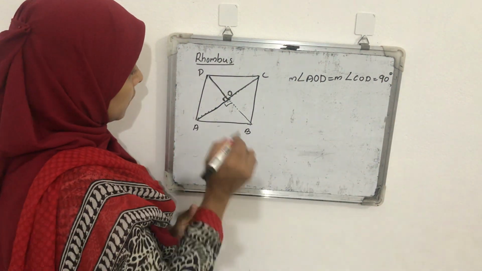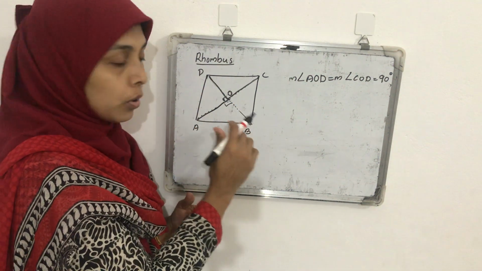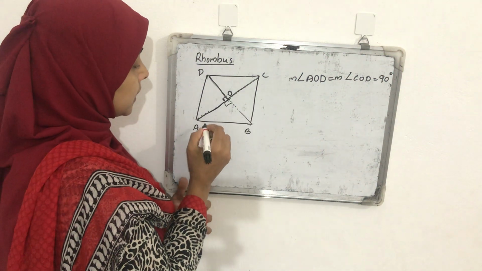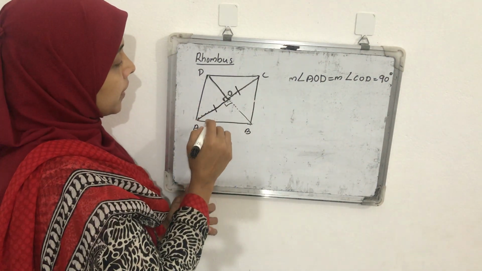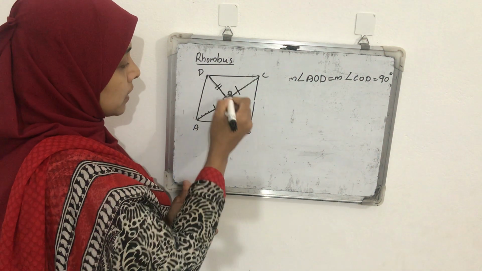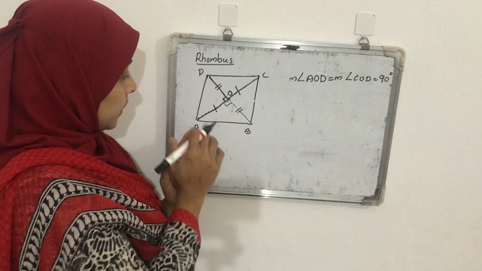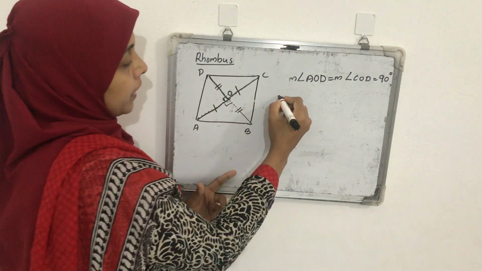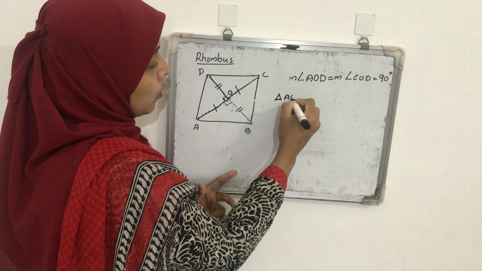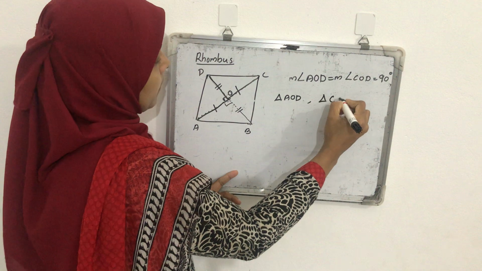For that we know the diagonals of a rhombus bisect each other, so these two sides will be equal, and these two sides also will be equal. Now we consider these two triangles, triangle AOD and triangle COD.